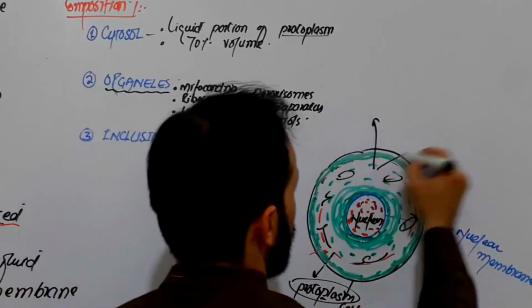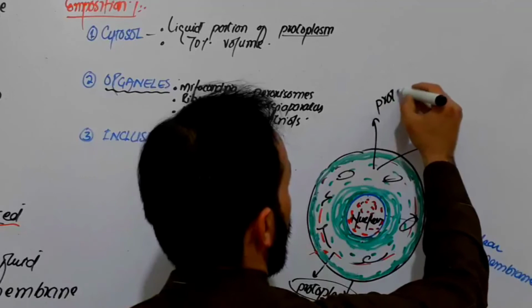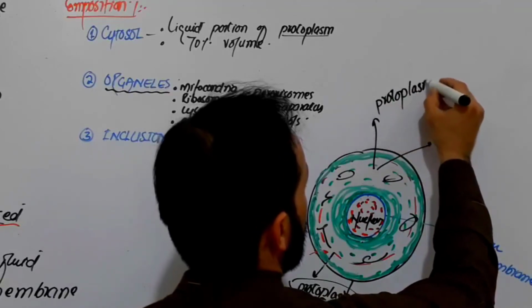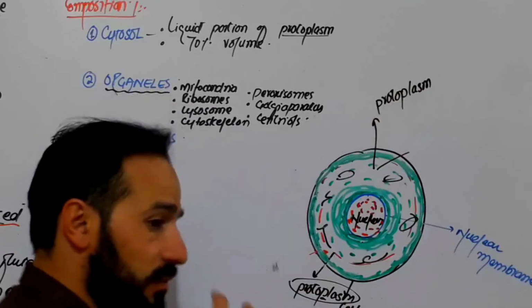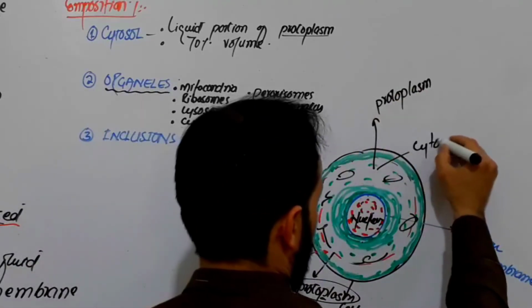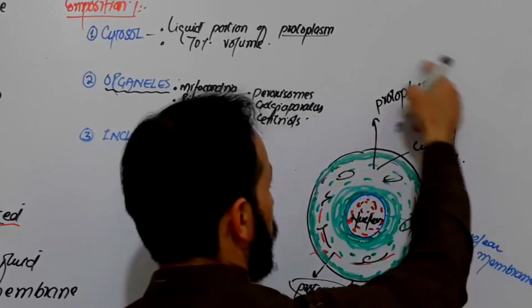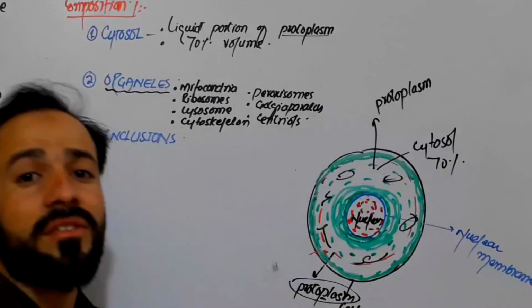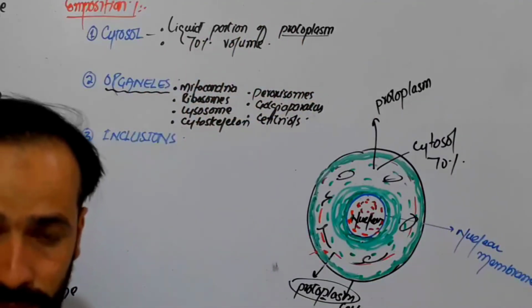There is the protoplasm, and inside this protoplasm we have cytoplasm, and inside this we have cytosol. So 70% of the protoplasm is the cytosol, the liquid portion of the protoplasm.